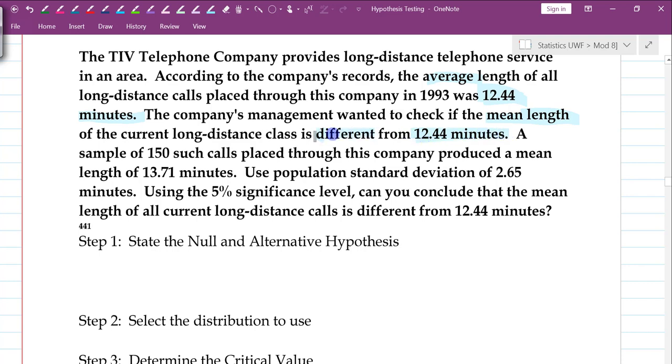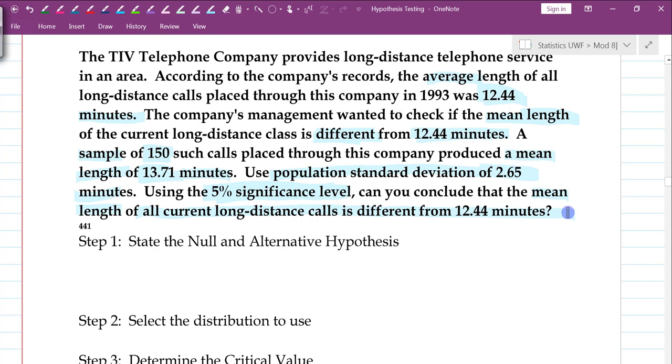A sample of 150 such calls was placed through the company, produced a mean length of 13.71 minutes. Use the population standard deviation, 2.65 minutes. Also use a significance level of alpha equals 0.05, 5%. So using the 5% significance level, can you conclude that the mean length of all current long distance calls is different from 12.44? That's our question, okay?